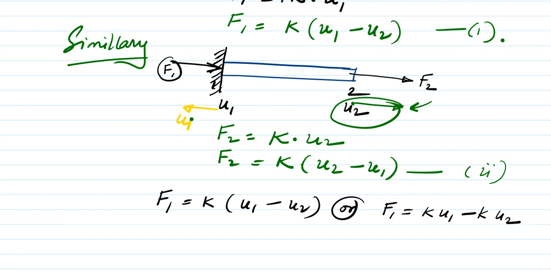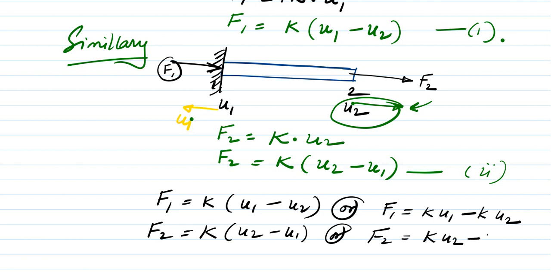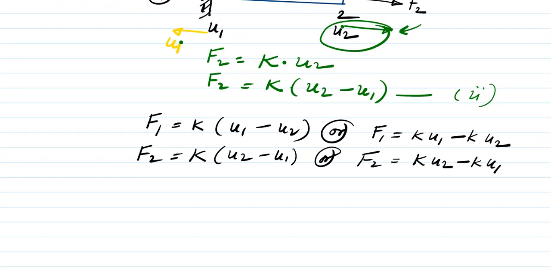The second equation, F2 is equal to K times U2 minus U1, can be written as F2 is equal to K U2 minus K U1. Now make this into the matrix equation, the finite element equation.